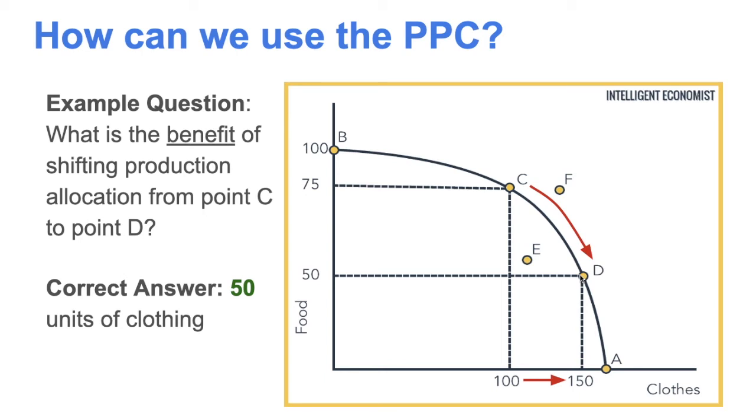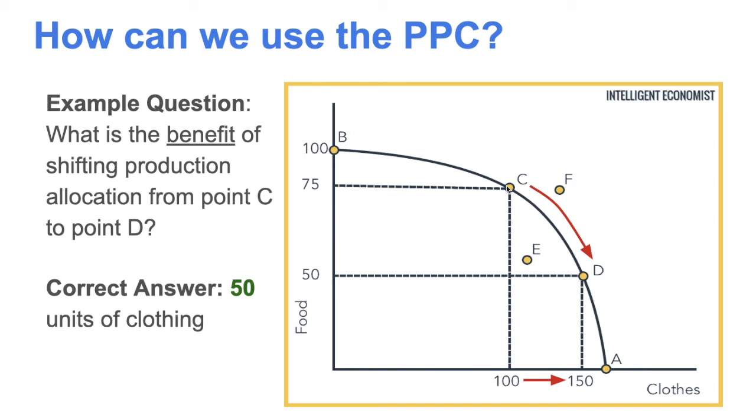Either we need to expand our resources and our production capabilities. Maybe we add more workers. Maybe we get more money to work with, more capital. Maybe we get some new technology that enables us to produce things faster and cheaper. Any of those things could actually expand this curve to a point where we could produce at point F efficiently. But if that's not the case, we have to give something up.